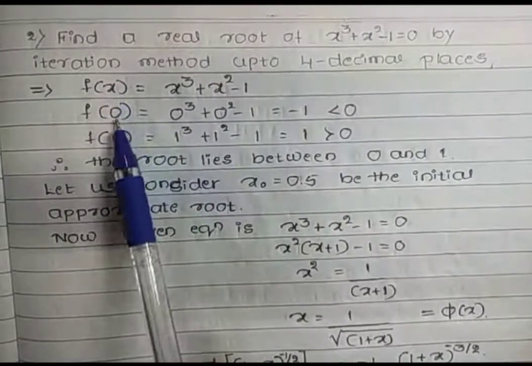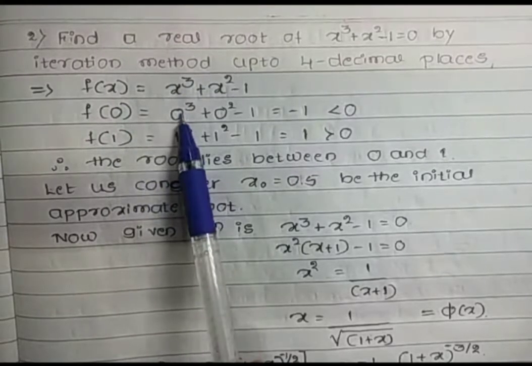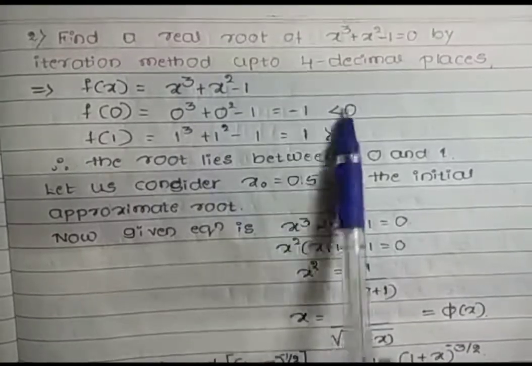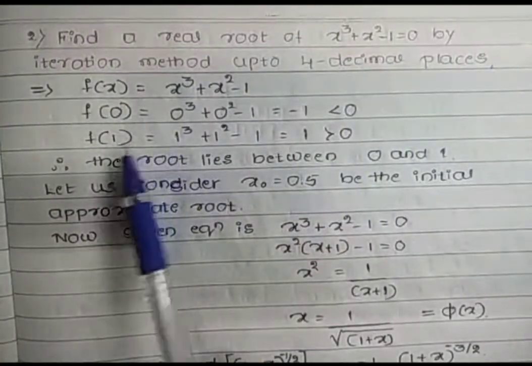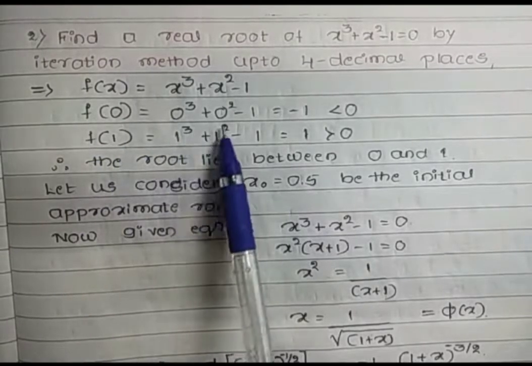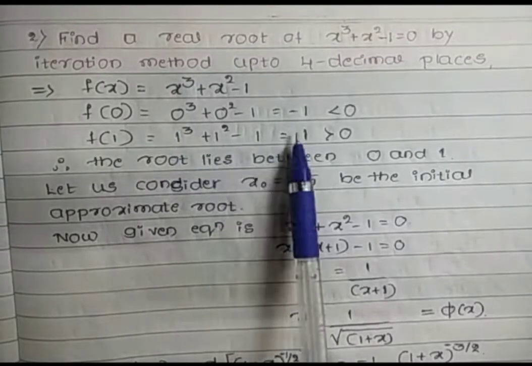So replace x as 0, then f of 0 is equal to 0 raised to 3 plus 0 square minus 1, that is minus 1, less than 0. Then replace x value using 1, then f of 1 is equal to 1 raised to 3 plus 1 square minus 1. 1 plus 1, 2, 2 minus 1 is 1.